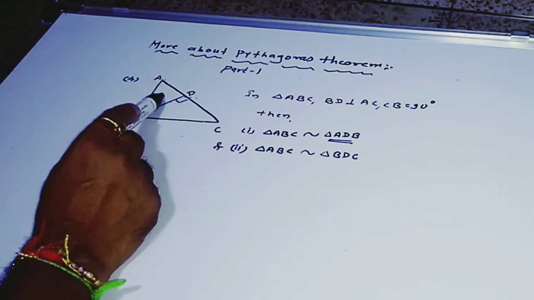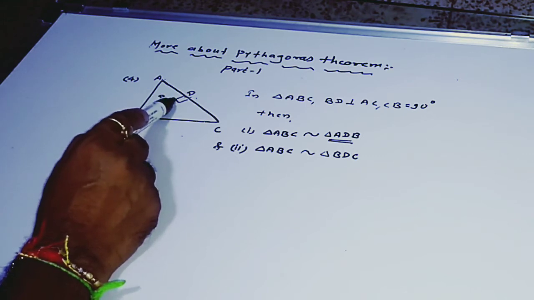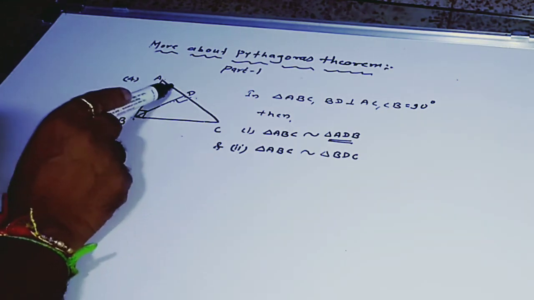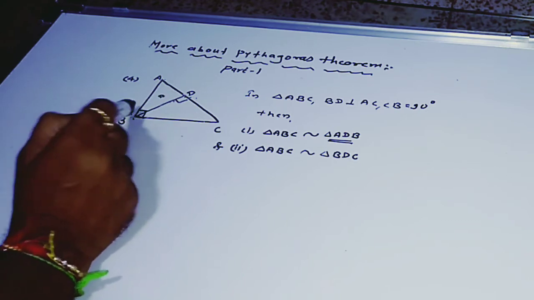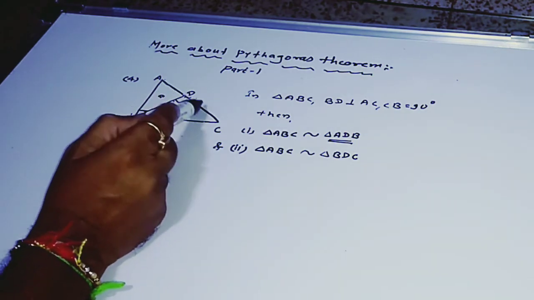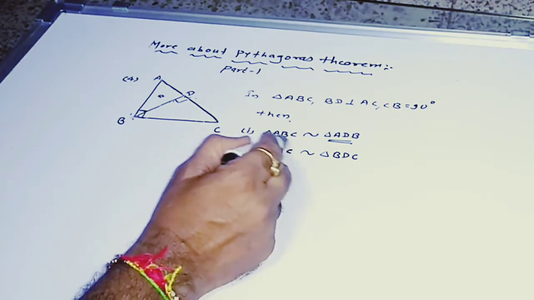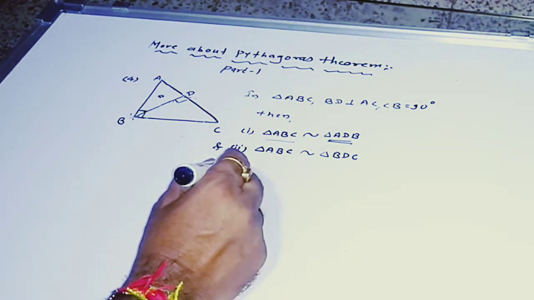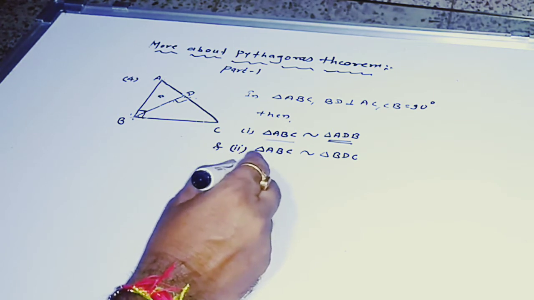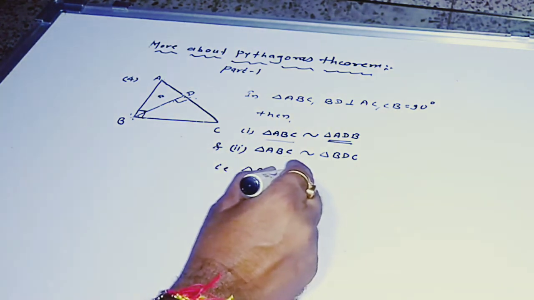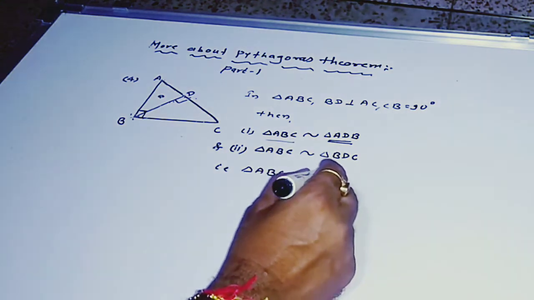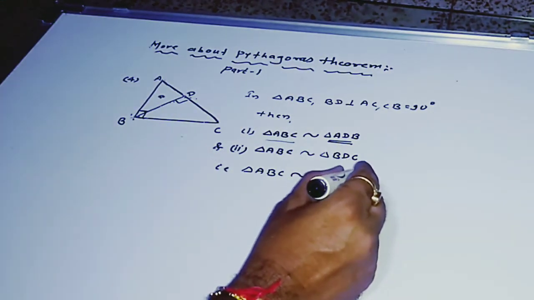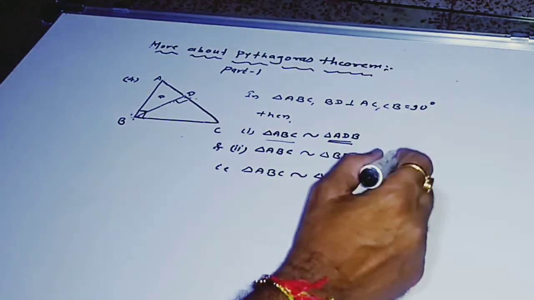So the triangles formed due to this altitude, ADB and BDC, are similar to ABC. Simply, we read it like this: triangle ABC is similar to triangle ADB and also similar to triangle BDC.